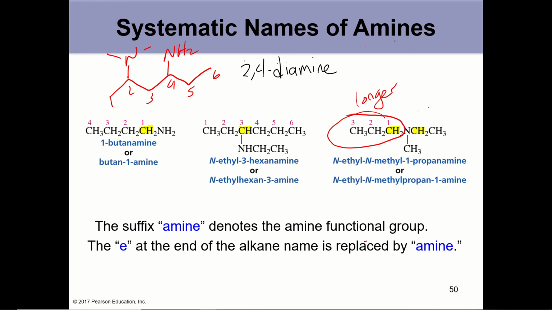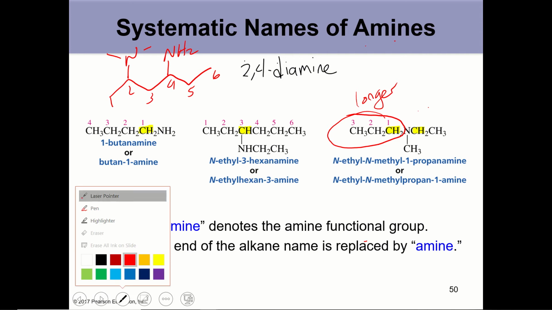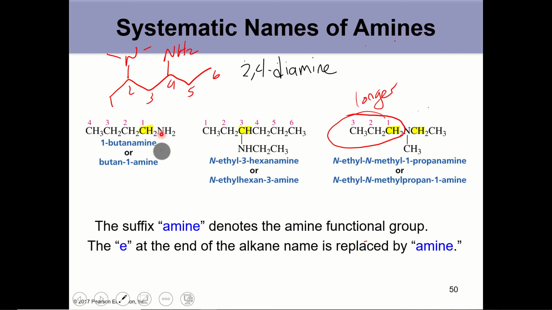And so for the first molecule, at the top left, the longest chain bonded to the nitrogen is 4 carbons, and we number from the end of the chain that is closest to the nitrogen.